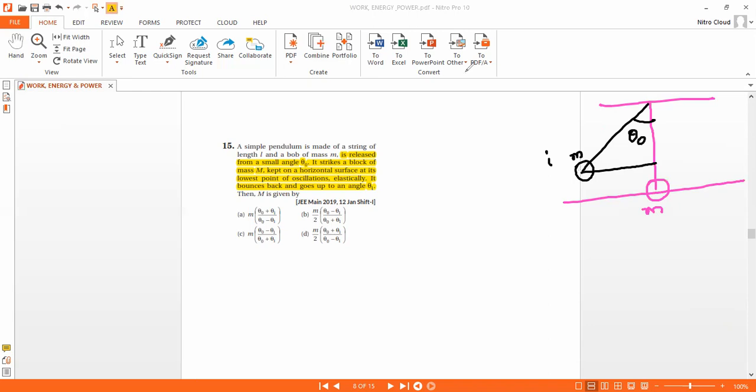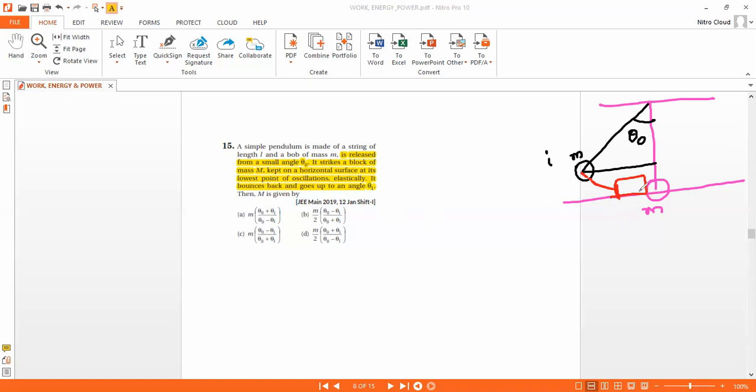Now what happens is that it strikes a block of mass capital M kept on a horizontal surface. Suppose let us consider here I am having a block. It strikes, kept on a horizontal surface at its lowest point, collides elastically. And then what happens?